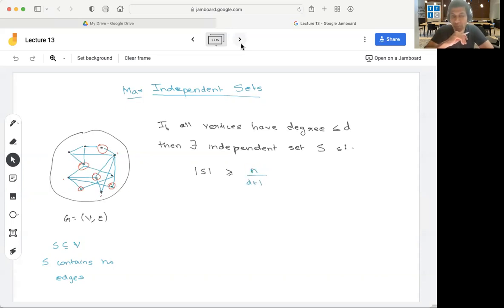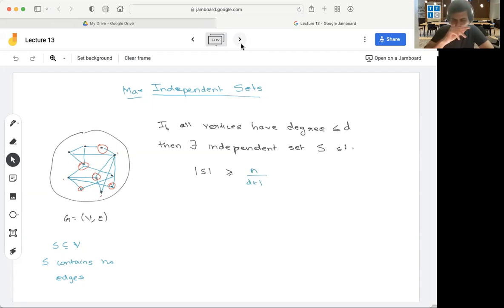This may not be the maximum independent set. For example, if you try to compute this bound for the graph we gave, n is 11, and there is at least one vertex of degree 4. So the best you can say is maybe that the degree of every vertex is less than or equal to 4, but 11 over 4 is not the best bound on the size of the independent set.